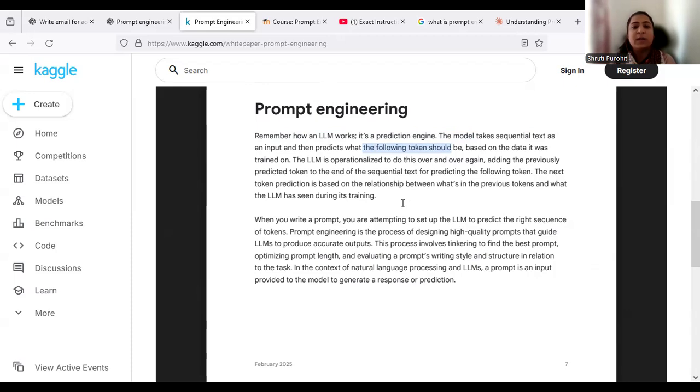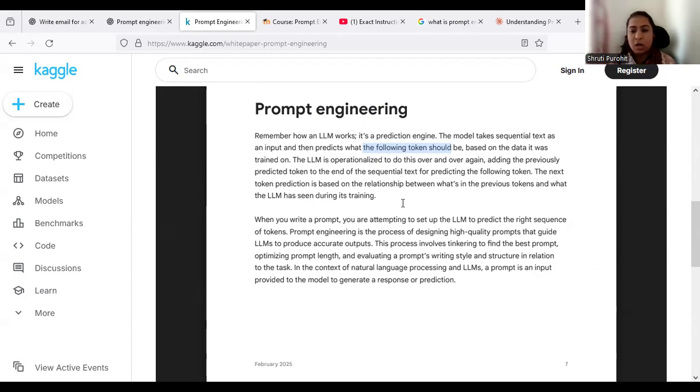Okay, so based on the data it was trained on. Again, what is the data? It is trained on whatever data there is, and based on that data, it gives you the output. So the LLM is operationalized to do this over and over again, adding the previously predicted token to the end of the sequential text to predict the following token.